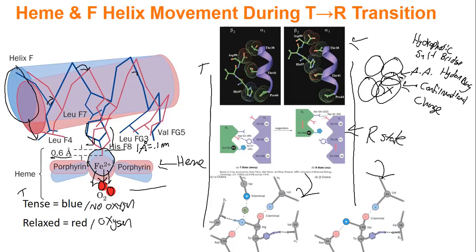The other subunits now know, oh, one molecule of oxygen has bound to us. We are now going to be more receptive to binding oxygen ourselves. And what happens is that their own irons start to be pushed down to be in a position to better bind oxygen.